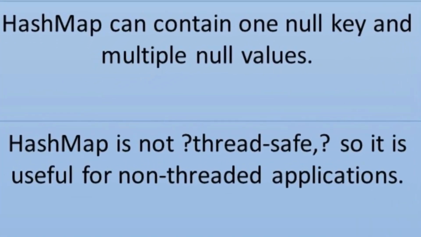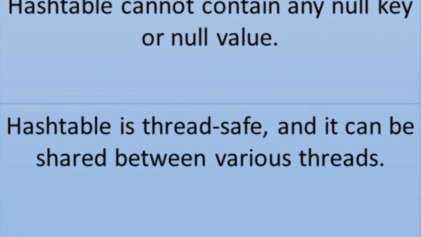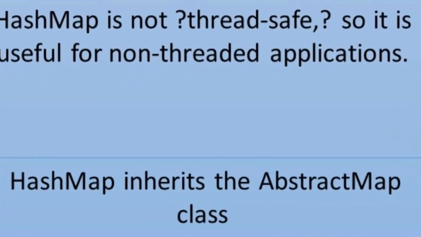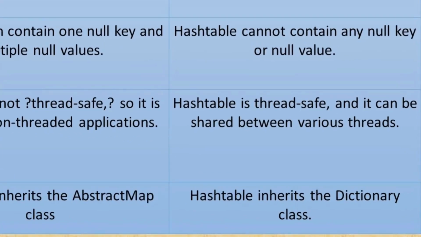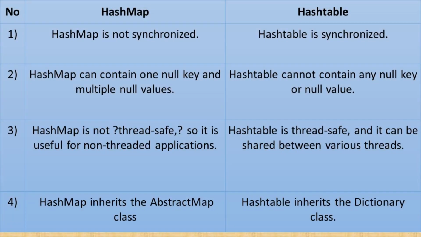Hash map: Hash map is not thread safe, so it is useful for non-threaded applications. Hash table: Hash table is thread safe, and it can be shared between various threads. Hash map: Hash map inherits the abstract map class. Hash table: Hash table inherits the dictionary class.